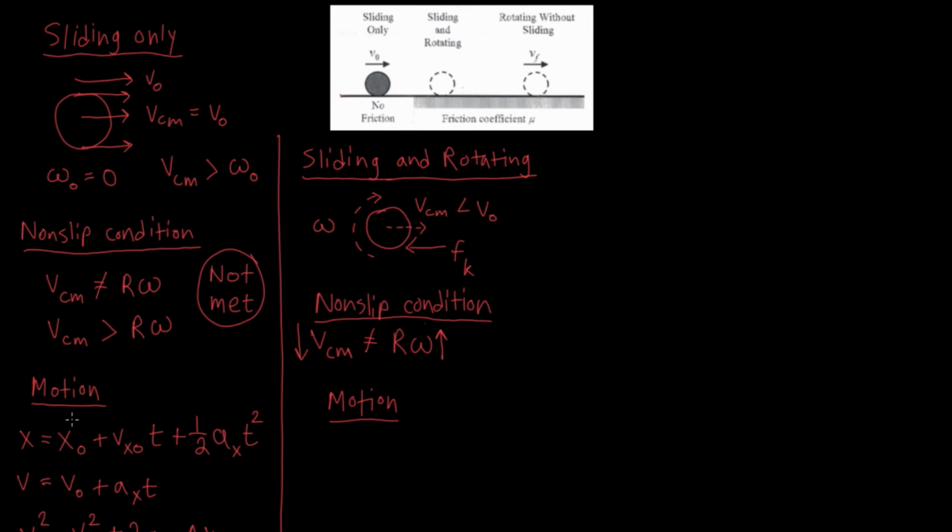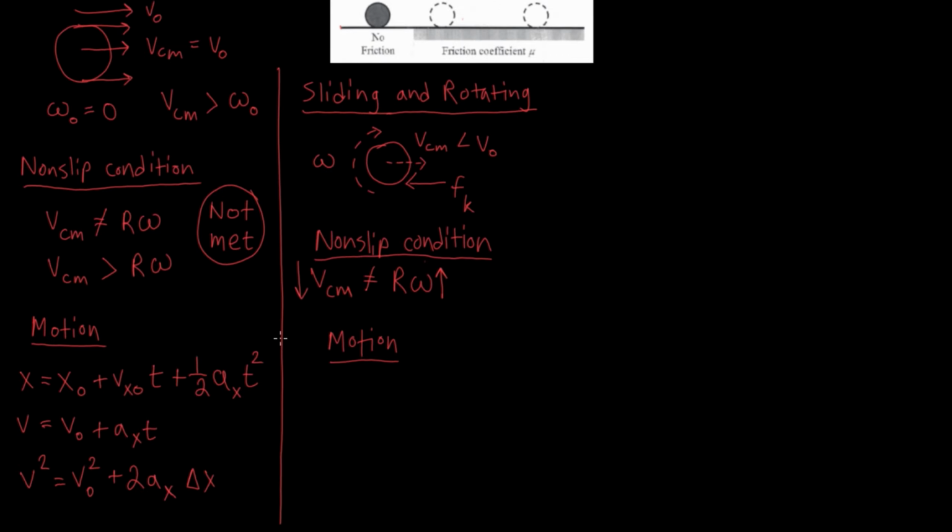So we didn't have to take any frictional forces into account in our motion equations. But now, since there is a net force involved, we would have to take that net force into account when we're describing the motion of our object.